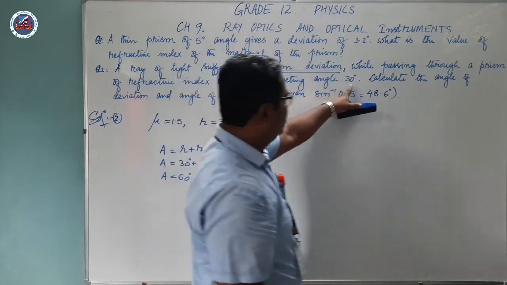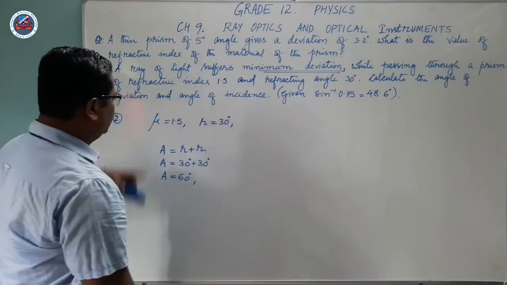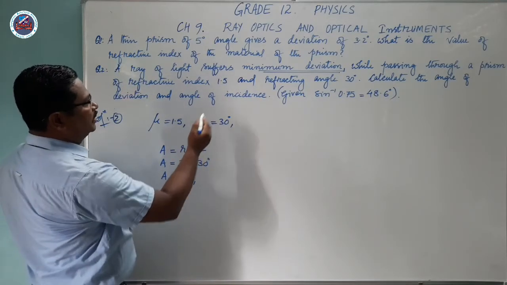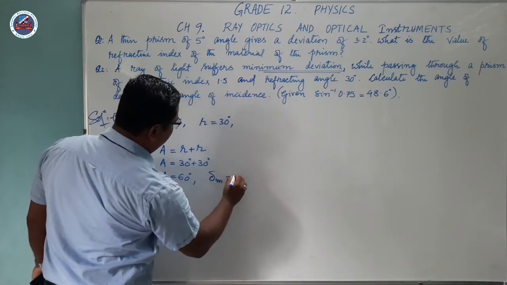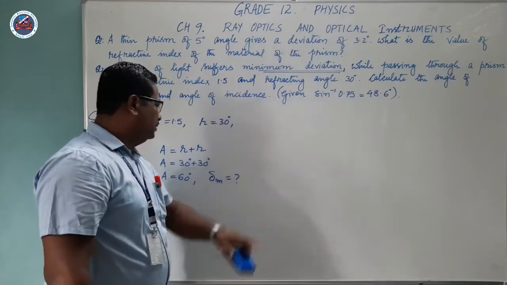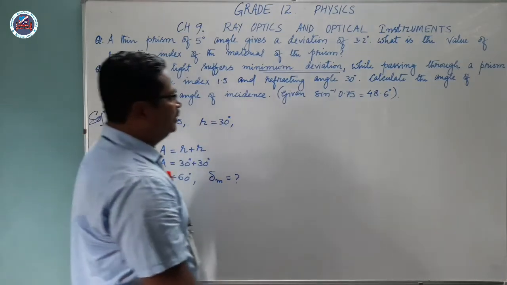So you have to know this. Then refracting angle is given. Calculate the angle of deviation. You are asked to find out the angle of deviation, that is minimum deviation, del m. They are asking you to find out, and angle of incidence also. Angle of incidence you can find out from the relation.